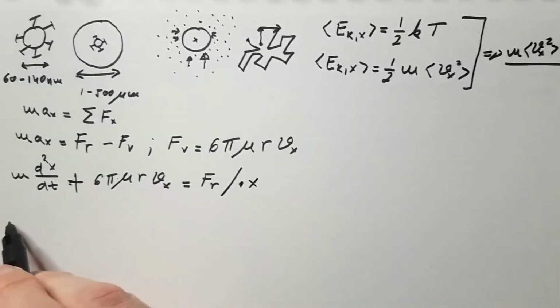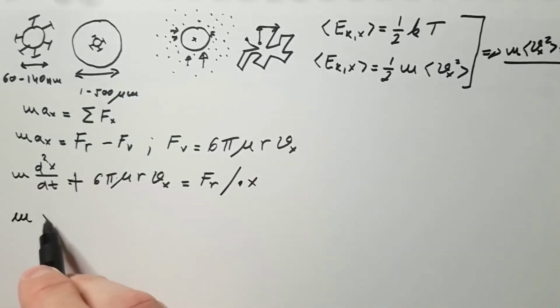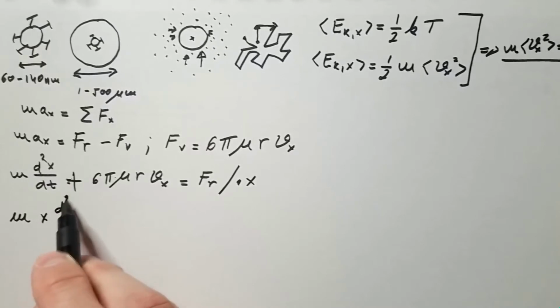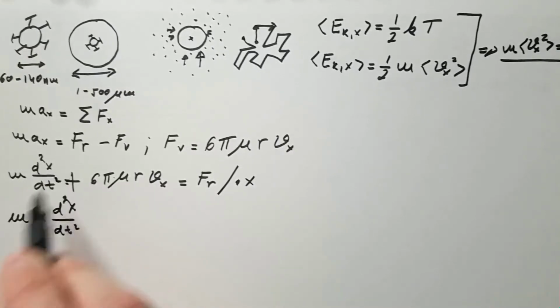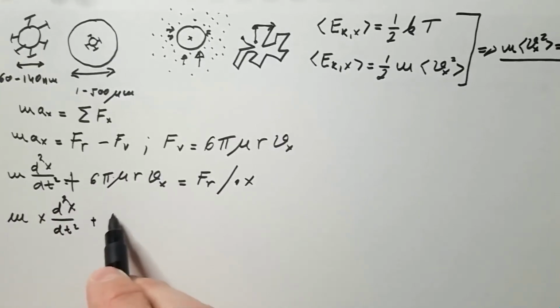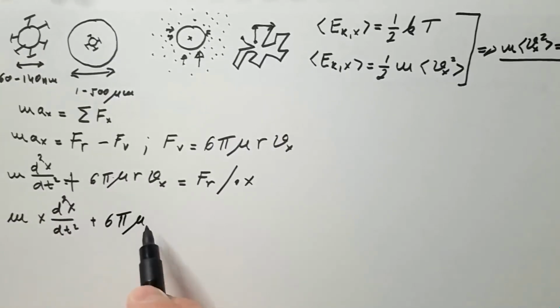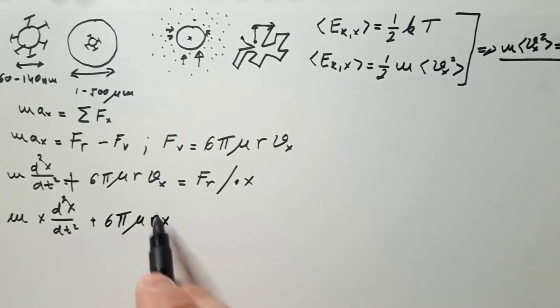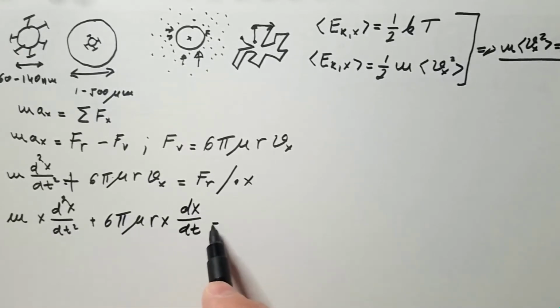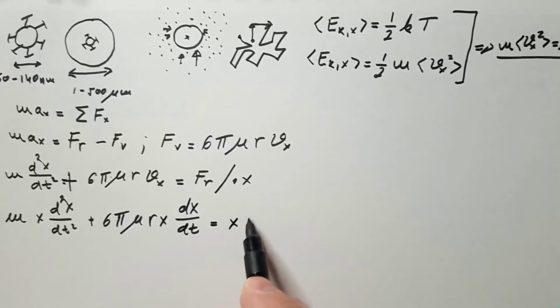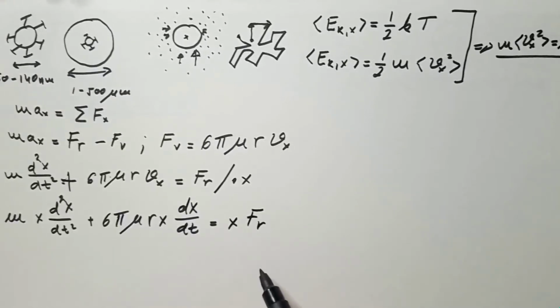And I will clearly get that m x d second x dt squared, there should be a square here, plus 6 pi mu r x Vx, which I will now rewrite as dx over dt, is equal to x Fr.